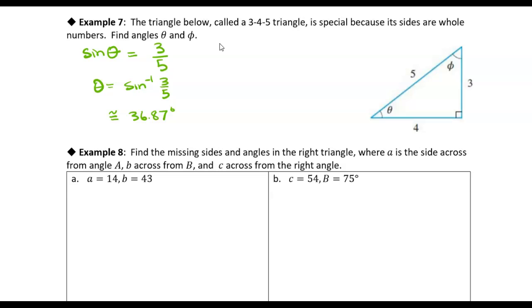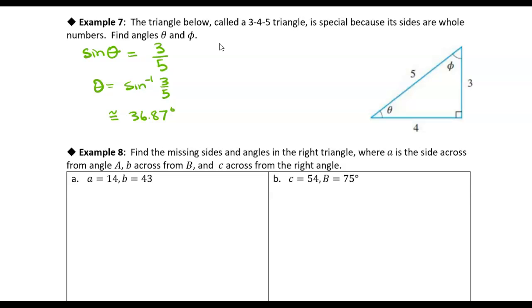Now all of these angles are going to be positive in the first quadrant, so it's not like we're going to get multiple angles. We only are interested in one angle because it's a triangle. So that gives us theta.